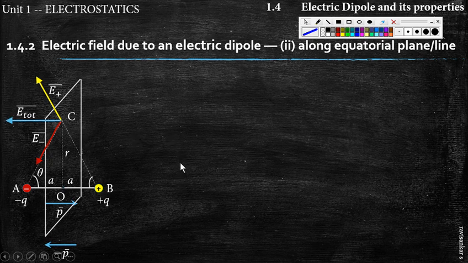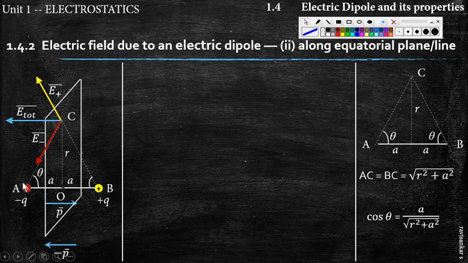Now we go to the derivation part. First, I've just drawn the triangle separately over here with all the parameters indicated. We would need the distances AC as well as BC for our calculation. I hope you understand this answer for AC as well as BC. We have used the Pythagoras theorem.